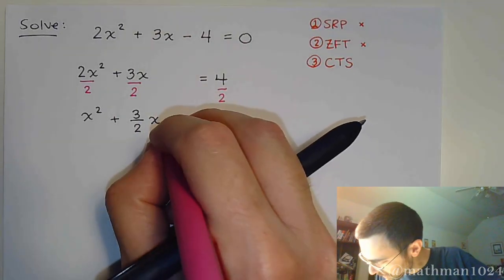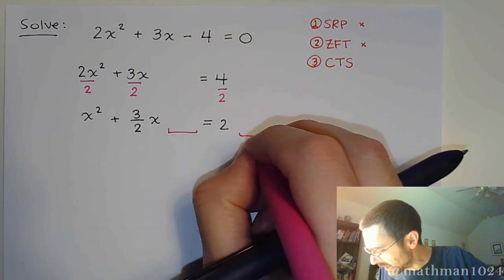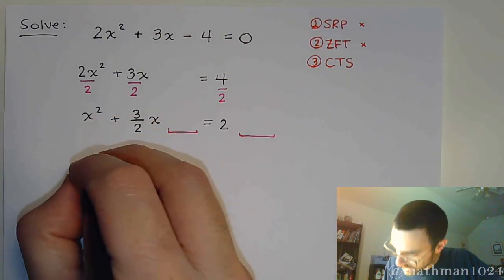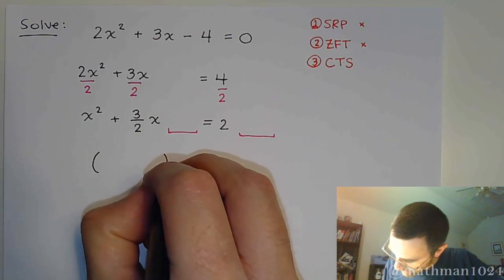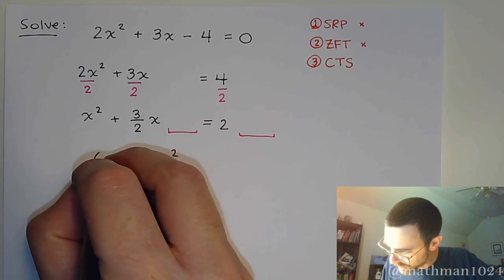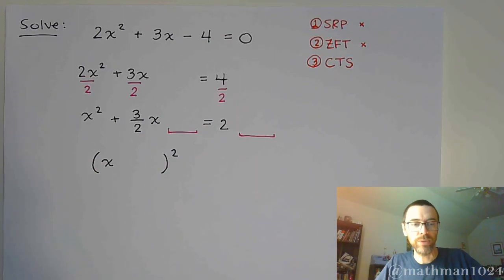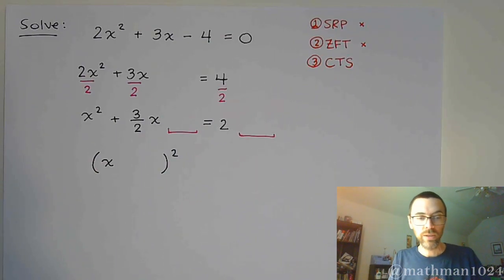So now we have this gap to fill in on each side. Not only that, but we've got to figure out what goes inside this factored form. So let's see what that is. So remember what we were doing before.